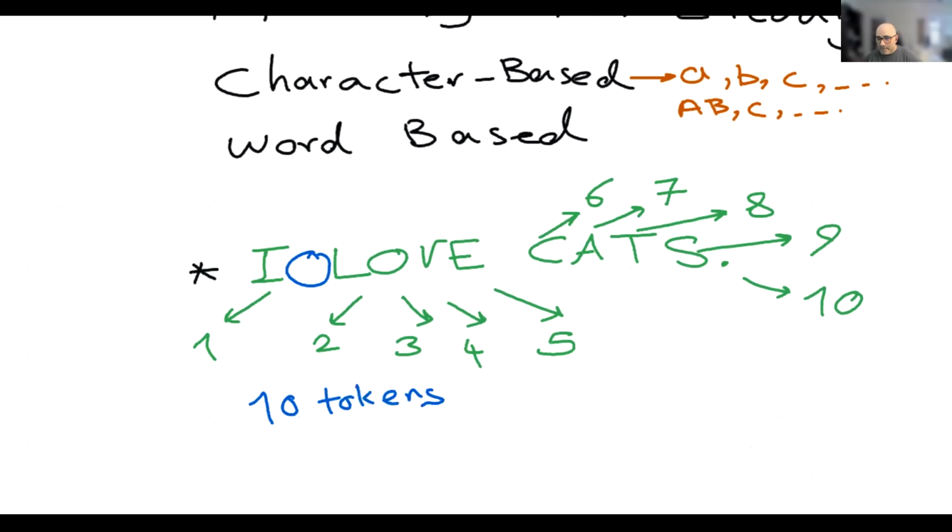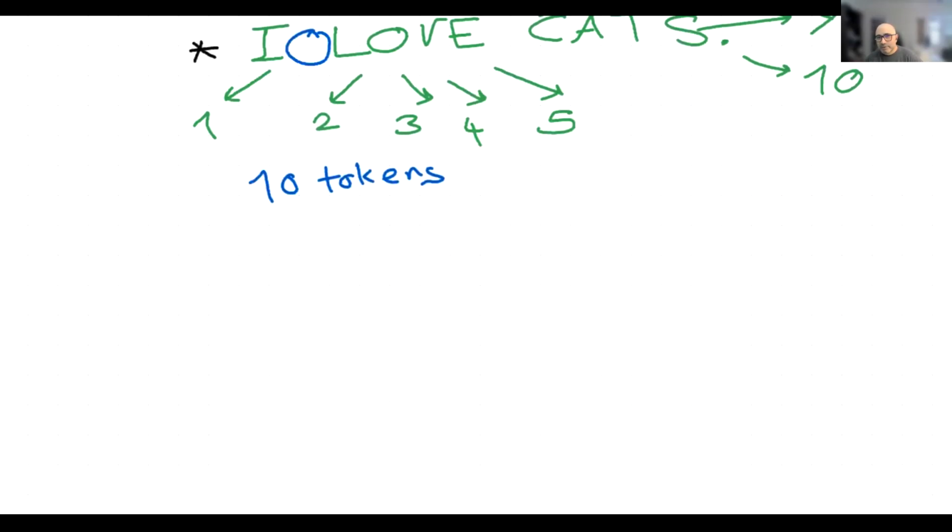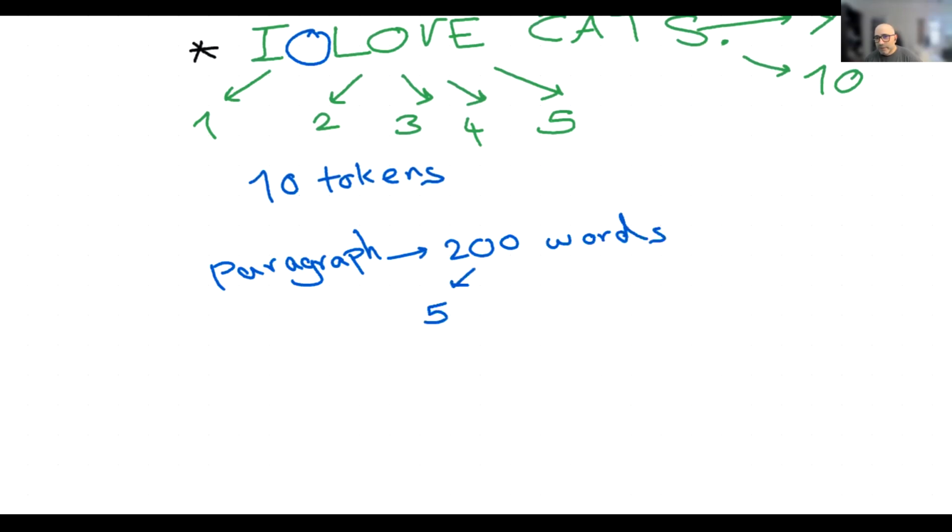And now imagine you're writing a paragraph in ChatGPT. Imagine the paragraph has about 200 words, and each word has roughly 5 characters.